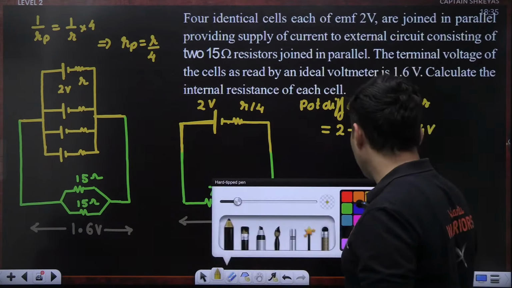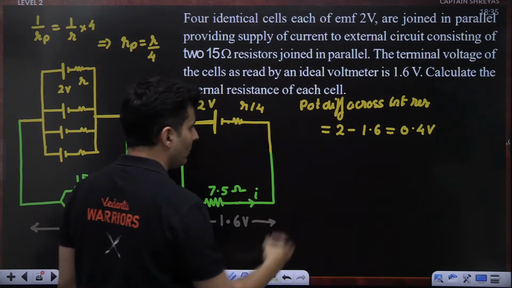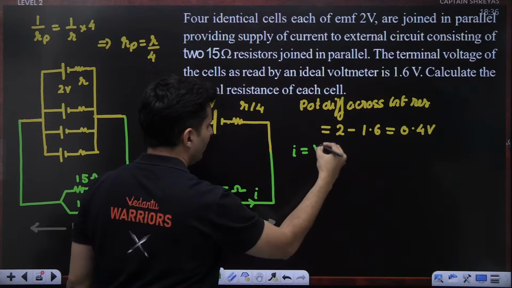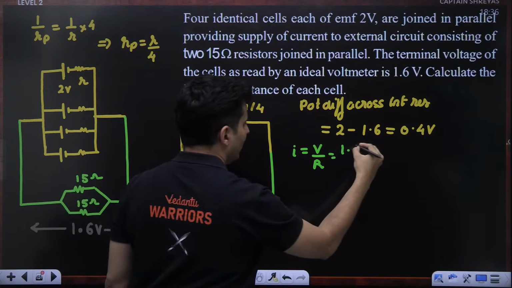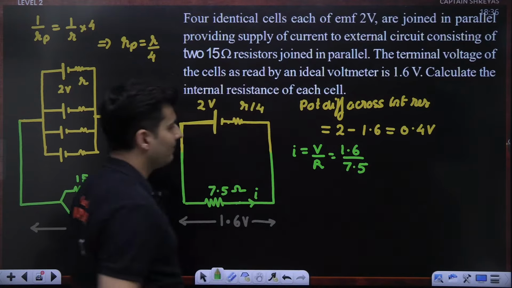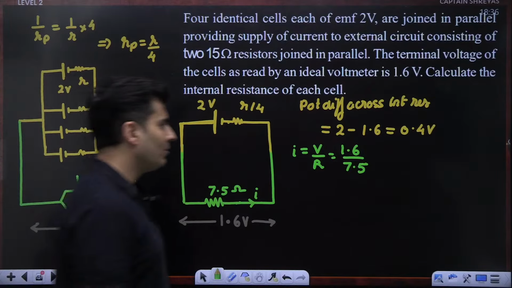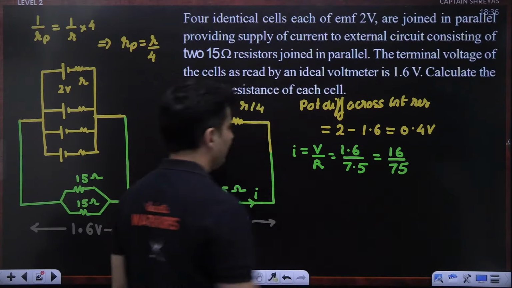If you talk about the current in the circuit, we can easily find it out using Ohm's law. The current in the circuit is voltage divided by the resistance. Voltage is 1.6. Resistance is basically 7.5. So you might as well write it as 16 by 75.